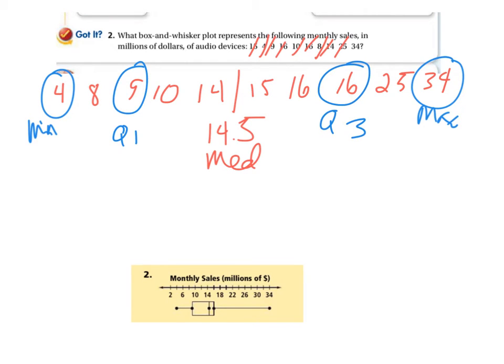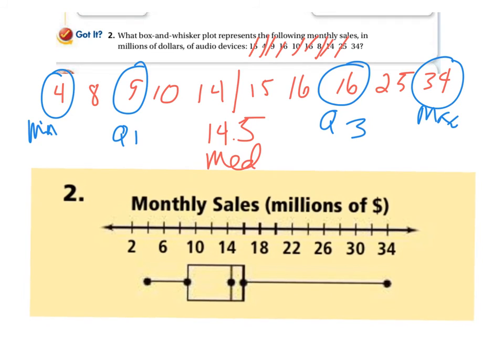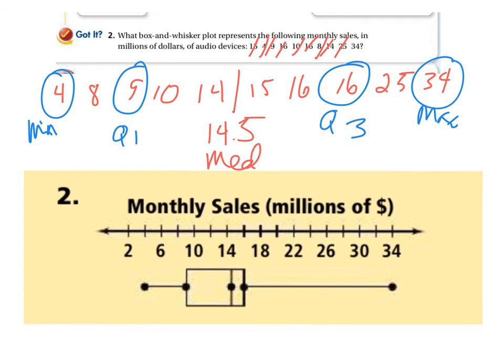And as far as making them into a box and whisker plot, again, you got to have a number line, right? And it looks like mine's going to go from like 4 to 34. And I have that pre-made for you down here, so it looks nice and pretty. So again, follow my cursor here. My minimum 4, put a dot. My maximum 34, put a dot.